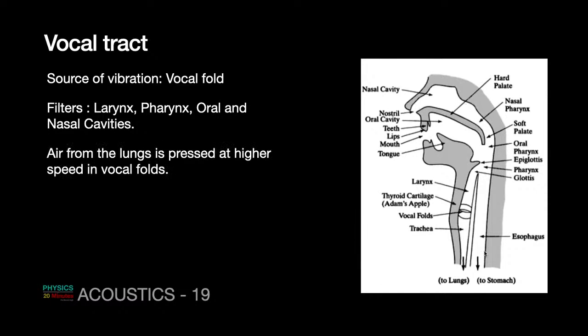Air from the lungs generally is pressed at a higher speed through the vocal folds. When you have to talk, when you have to speak, when you have to sing also, the lungs will push the air at a high speed through the vocal folds. Remember, if it is not done at a high speed, then it doesn't happen. So that is the difference between being quiet and talking.